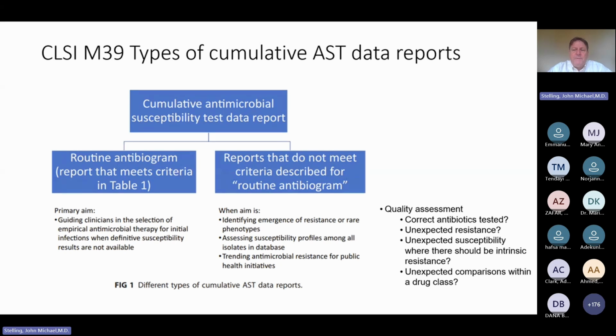That's an obvious mistake. There are other mistakes that are not so obvious. For example, to find MRSA, methicillin-resistant Staphylococcus aureus, what you are supposed to test is the oxacillin antibiotic by an MIC method, or the cefoxitin disc, the disc method. However, some laboratories test the oxacillin disc.